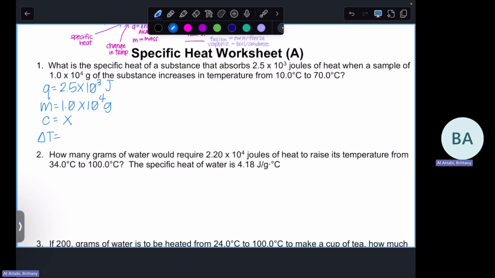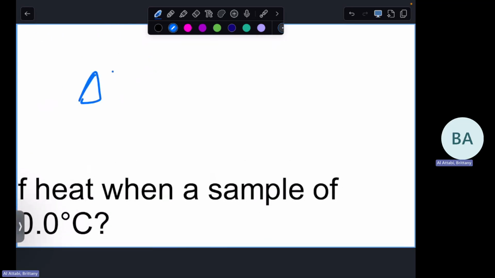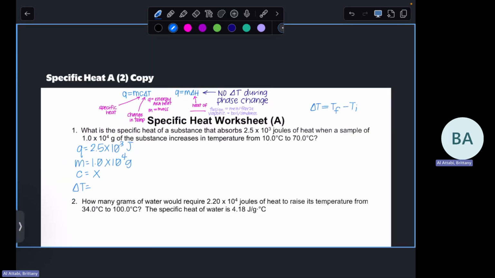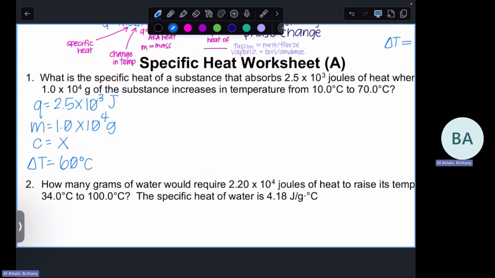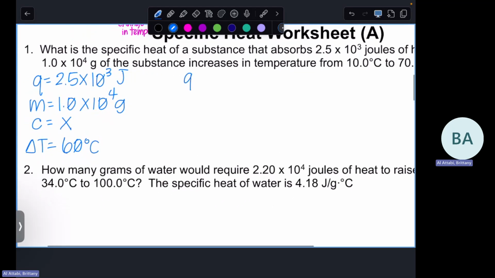And how did you get that, Jocelyn? Right. So anytime you're calculating delta T, do your final temperature minus your initial temperature. So in this case, 70 minus 10, that gives us 60 degrees. All right, the question asks us to solve for c, so let's rearrange our equation before we actually put any numbers in, because that's a lot of writing otherwise.